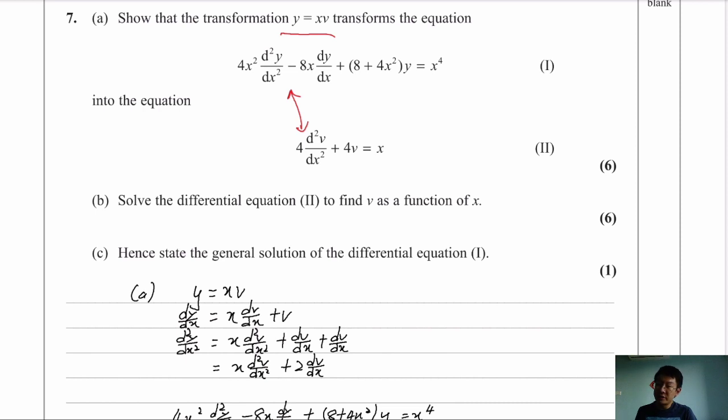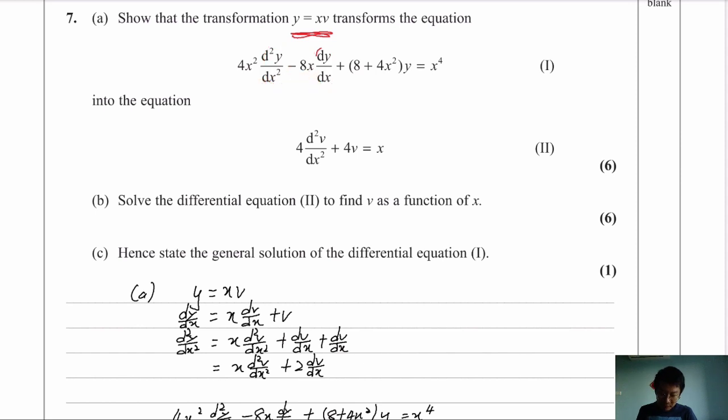How do we achieve that? We are supposed to replace the d squared y dx squared and the dy dx to get something in terms of dv dx. The easiest way to start is to find dy dx for this one, because later we can substitute and replace those dy dx and d squared y.